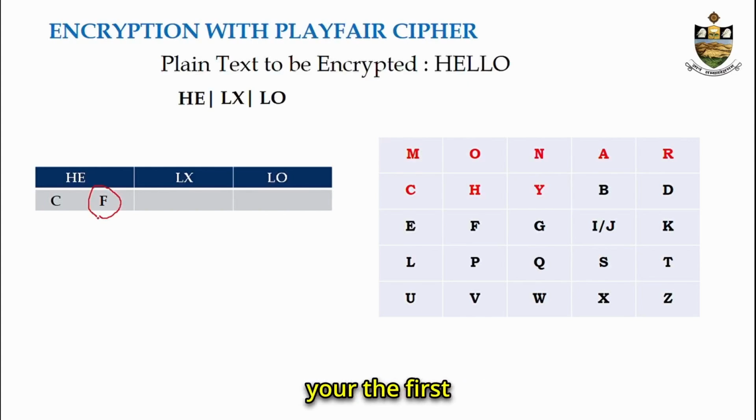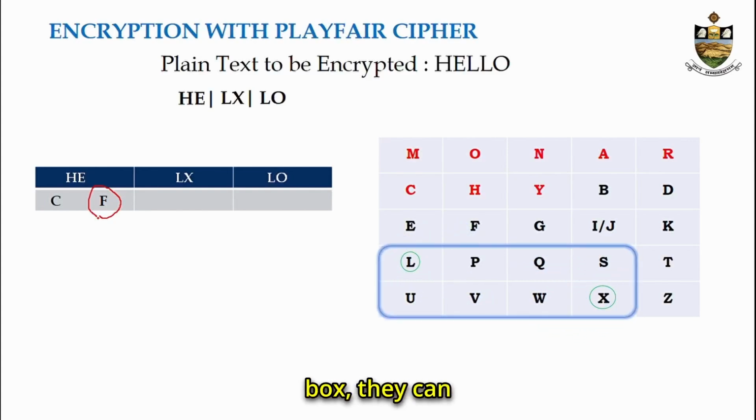Now the first pair is complete, and we take the second pair, LX. LX is also identified in the 5 by 5 matrix. L is in the fourth row, first column, and X is in the fifth row, fourth column. This is the same process, since they are not in the same row or column, so we draw the rectangular box.